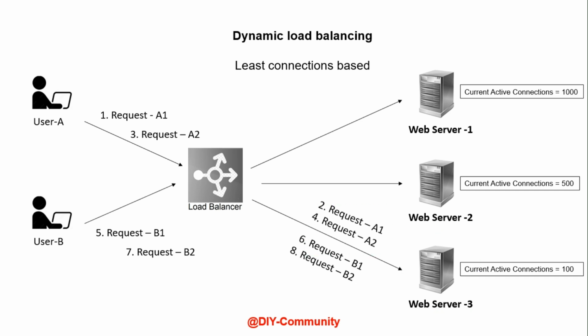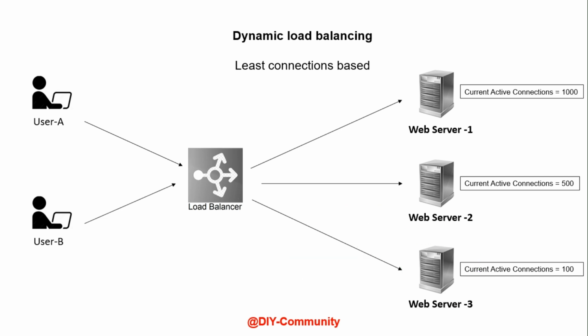In this case, obviously web server 3, because it has the lowest active connections. So whenever a new request arrives at the load balancer, it is sent to the server instance with the least concurrent connections. Now let's see a small animation to understand the least connection based dynamic load balancing algorithm.